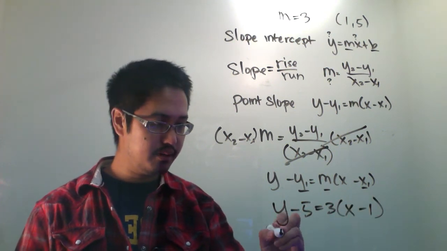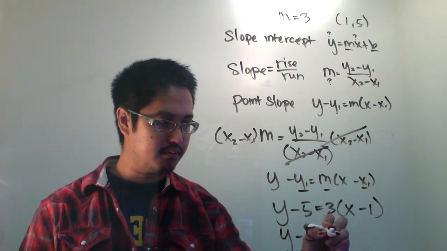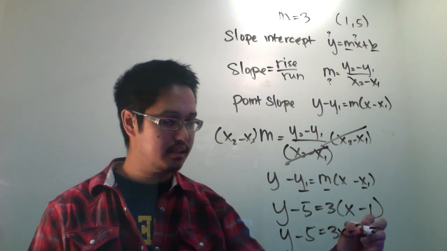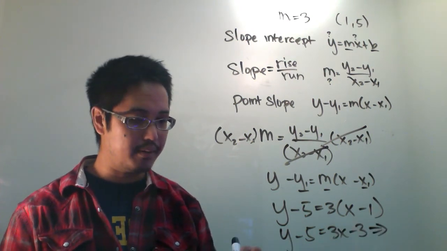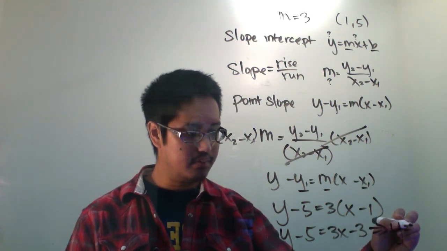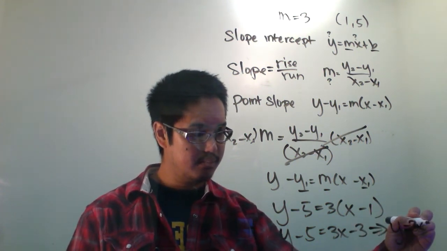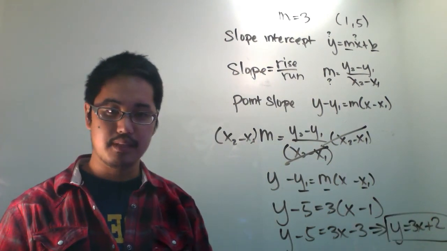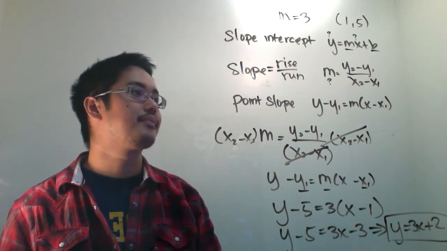Foil that out a little bit: y minus 5 equals 3x minus 3. And I'm going to solve for y all by itself. I'm going to add 5 to both sides. And so I end up with y equals 3x plus 2. And that's my y equals mx plus b. That's my equation, really.